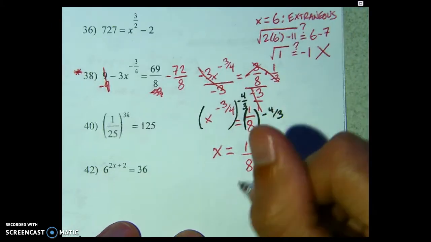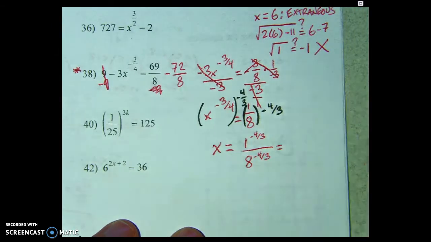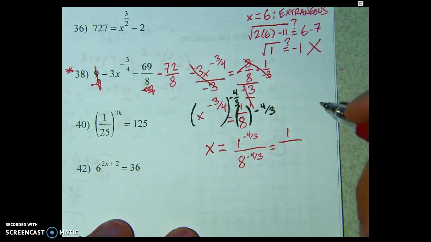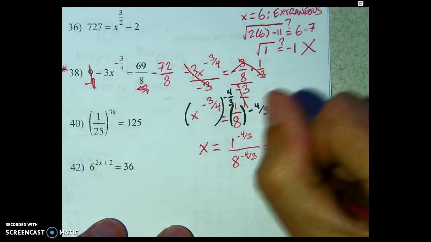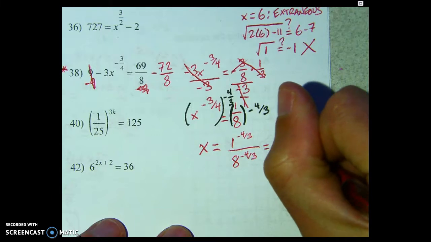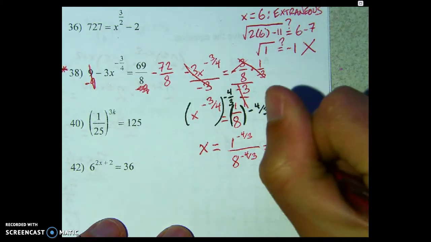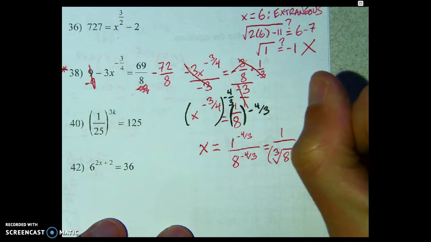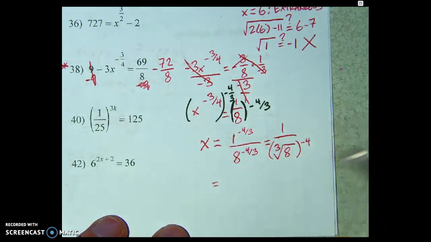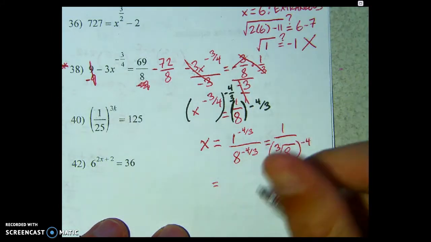Okay? So really, that right there is equal to 1 over, now I'm going to rewrite this 8 to the negative 4/3 nonsense in the denominator by taking the denominator of that exponent and turning it into the index of the radical. That's the cube root of 8 raised to the power of negative 4, which turns into the cube root of 8 to the power of positive 4 in the denominator.